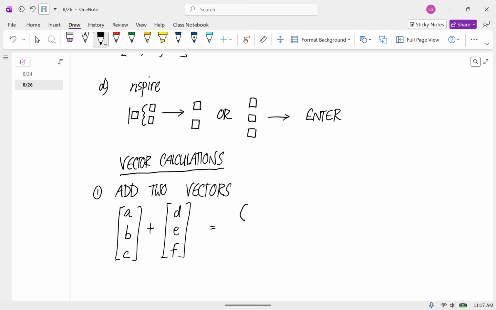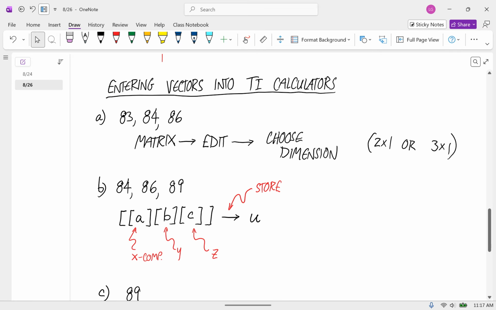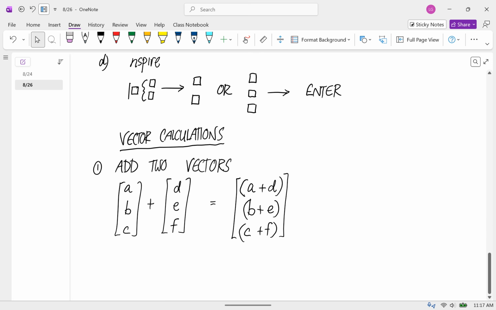So the sum of these would be A plus D for the X component, B plus E for the Y component, and C plus F for the Z component. Whatever calculator you have, if you use one of these methods to get two vectors entered into your calculator, and then you just use the regular addition button, it will do it this way. So all of those calculators know how to do vector addition, just using the regular addition button. Okay.